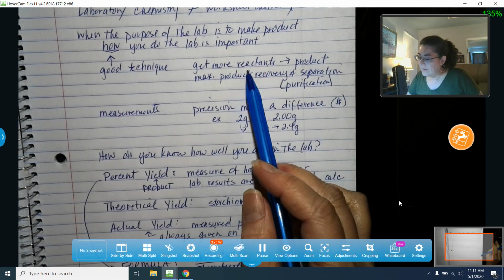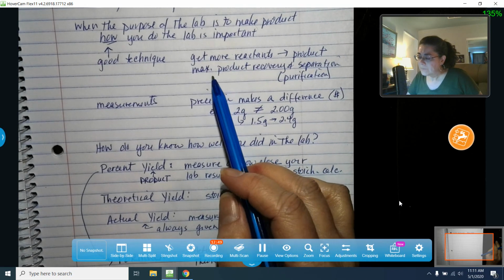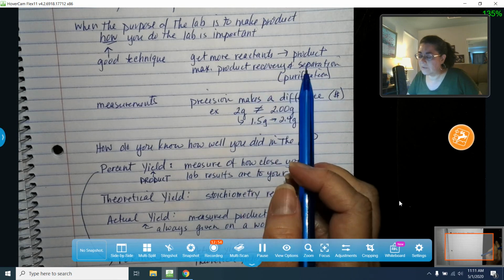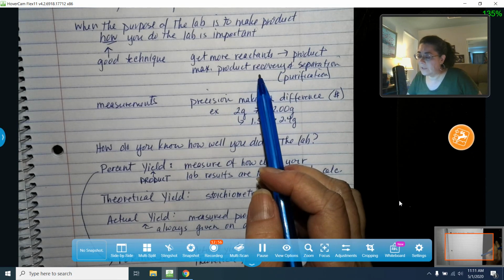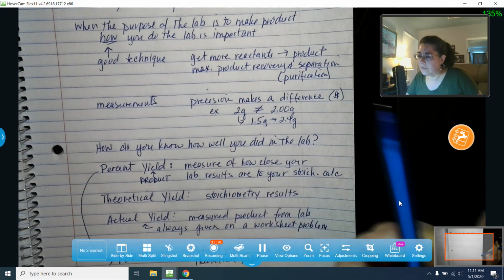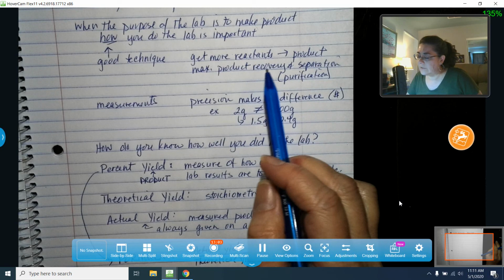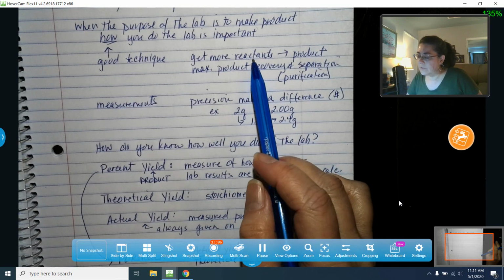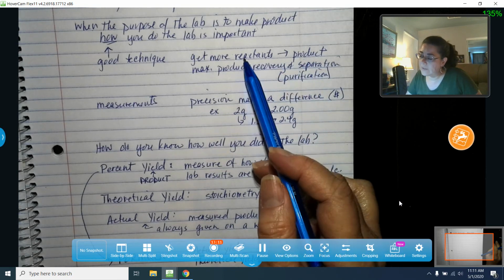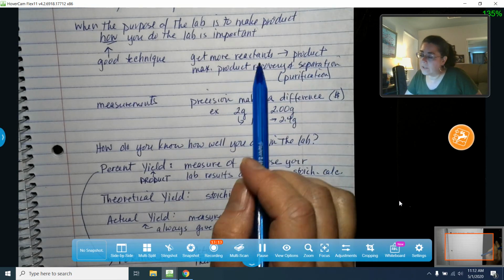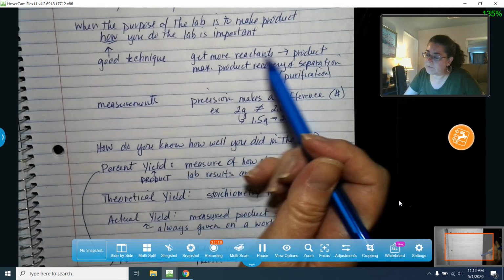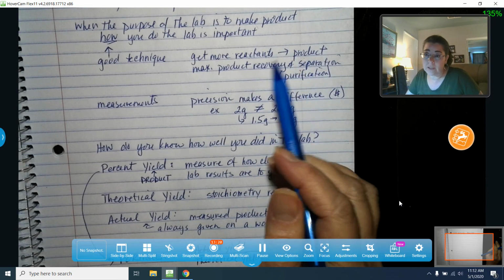And then also, maximum product recovery is impossible at 100% because you might spill or splash out of the container. And not just that, but there are some reactions where the product turns around and does a backward reaction, and we end up getting reactants. The reaction goes backwards and forwards. There are a lot of those reactions actually.